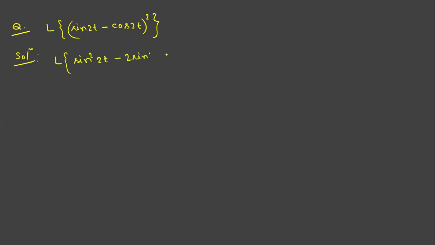Next question, find Laplace of (sin 2t − cos 2t)². Solution. We can write this as (a−b)², so you can write sin² 2t − 2 sin 2t cos 2t + cos² 2t.